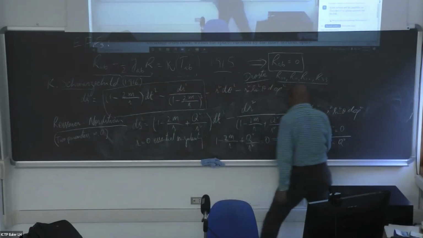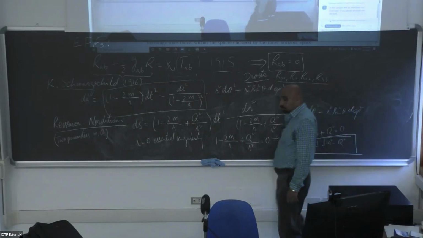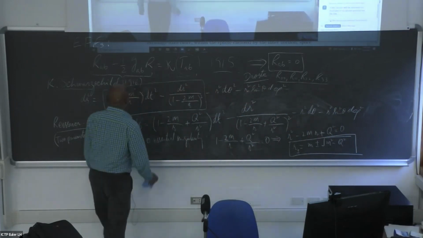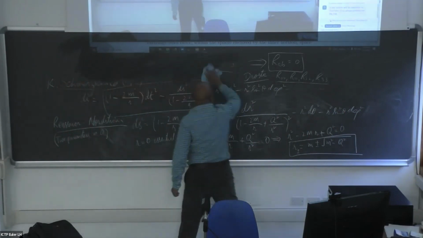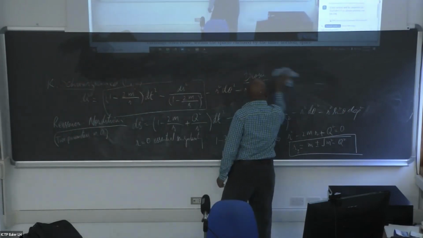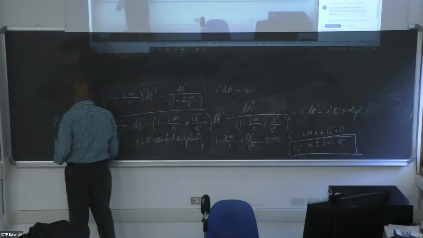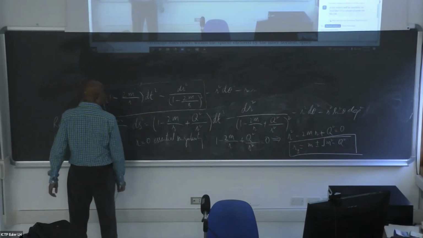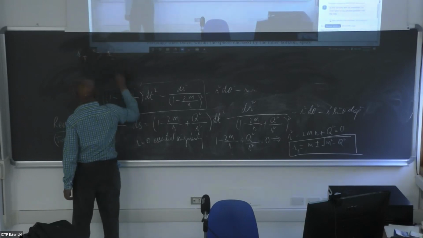And these are the two solutions. The first we can call r plus and the second r minus. So now in this case, you see there are two event horizons, and one is greater than the other. r plus obviously is greater than r minus.